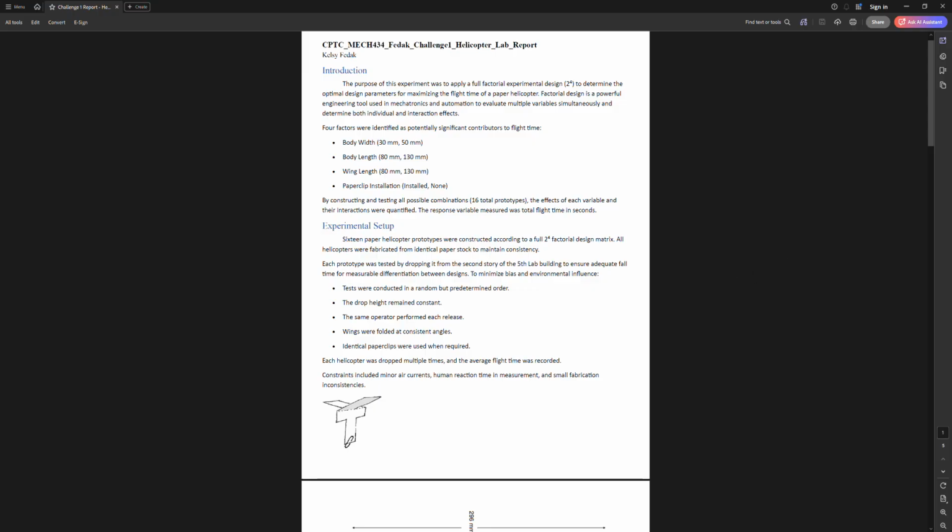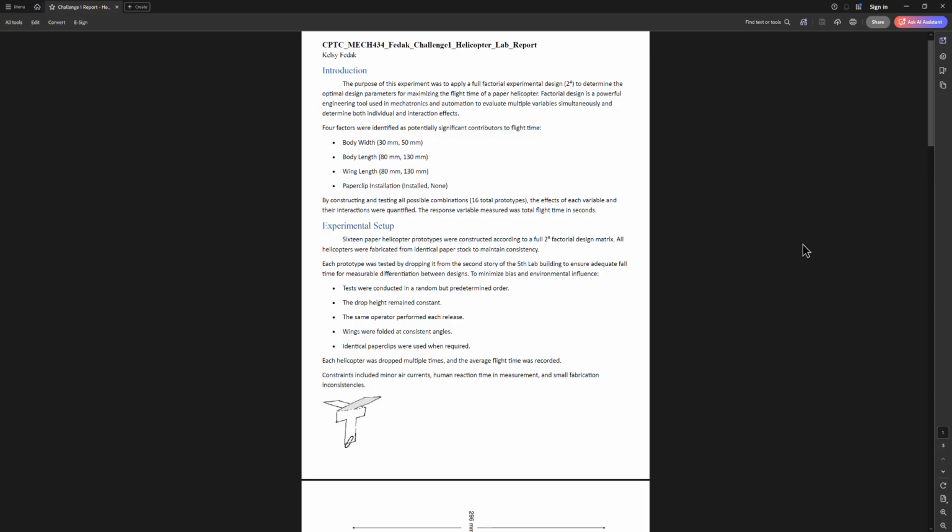The task of the experiment was to evaluate 4 design factors that influence the helicopter as it falls from the second story. So the first factor was the body width, which could either be 30 millimeters or 50 millimeters. And then the second factor was body length, which could be 80 millimeters or 130 millimeters.